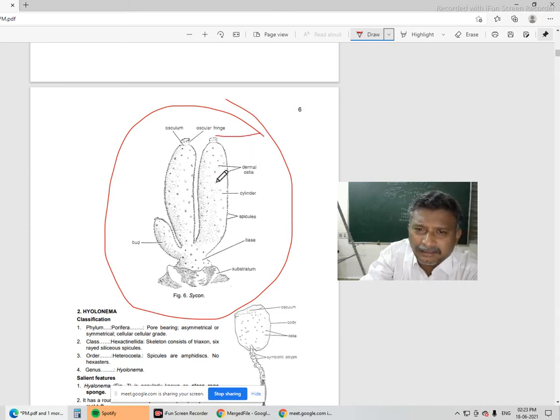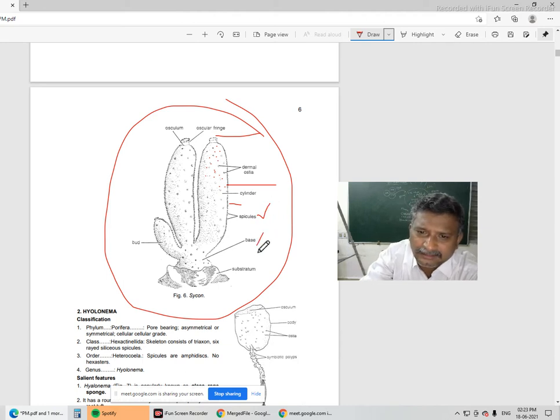So many pores are there. I am also giving so many red dots. Such red dots are nothing but the dermal ostia. On the outer margin of the body there will be small spicule-like structures, small hair-like structures called spicules.